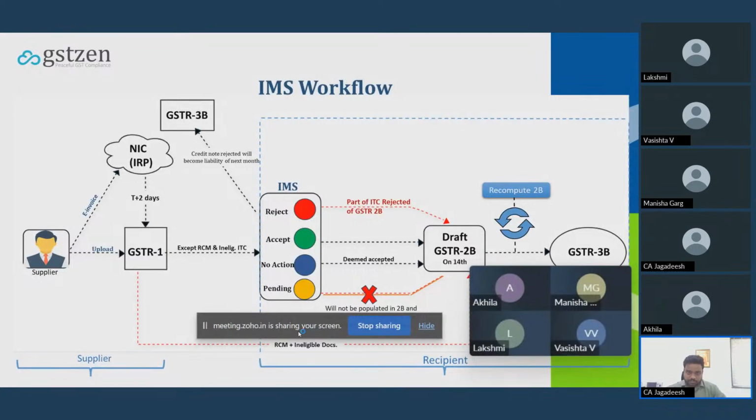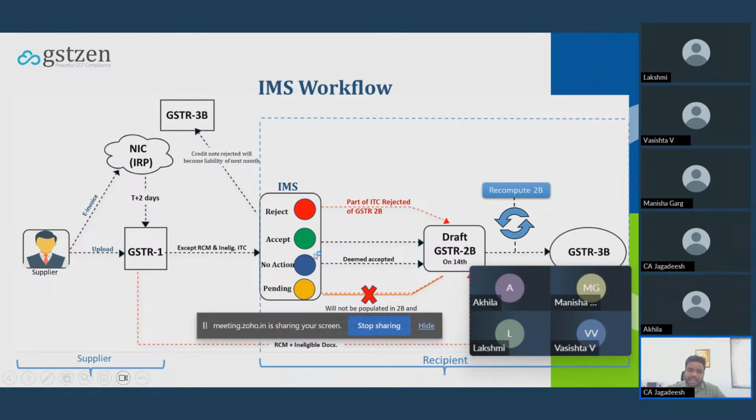Okay, so now I will explain this slide once again. This is how the IMS workflow is. As and when my supplier saves his record in the GSTR1, either by manual save or through the invoice portal, as and when it saves in my supplier's GST portal, it will be reflected in the recipient's IMS dashboard.